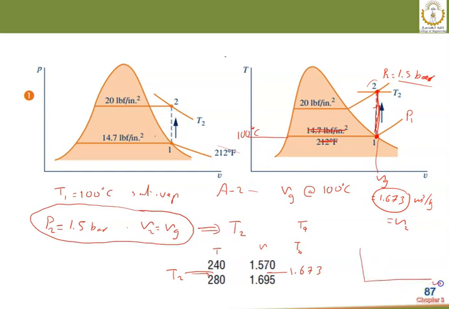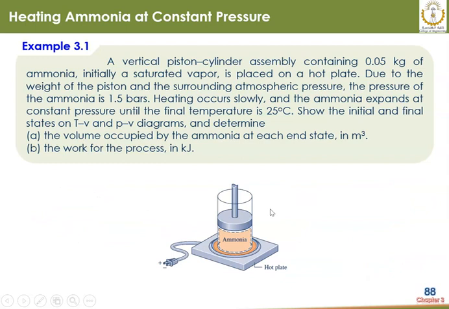So this is V, and this is T, and this is T1 or 240, and this is 280, and then this is 1.57, and that's 1.695, and this is 1.673, and then you need to find T2. That's how you should do it, and you can look at this example in the book.